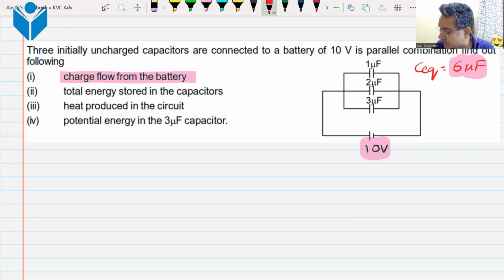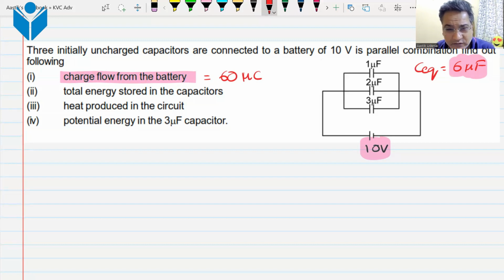That will be equal to how much? 60 microcoulomb. The easier way is, you know, the potential difference across each capacitor is 10 volt. Yes or no? Yes, sir.